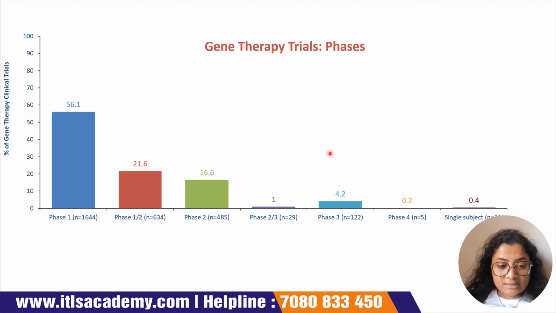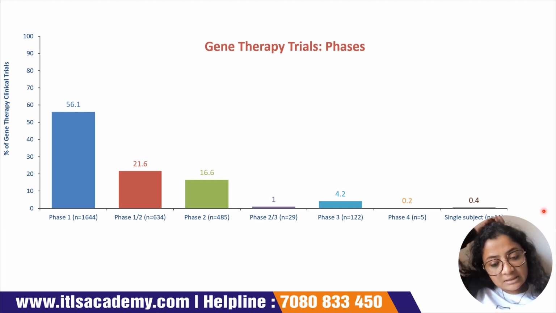Phase 1 corresponds to around 56.1% of gene therapy clinical trials. Then gradually, as the phase increases, because we know we have around 4 phases of clinical trials, the percentage of gene therapy clinical trials gradually decreases. So at the last, at phase 4, we are left with only 0.2%.